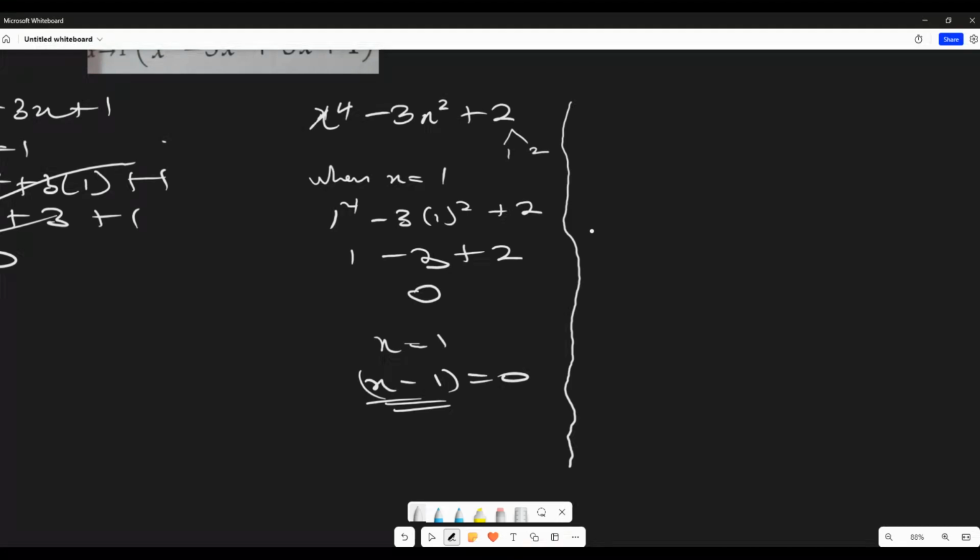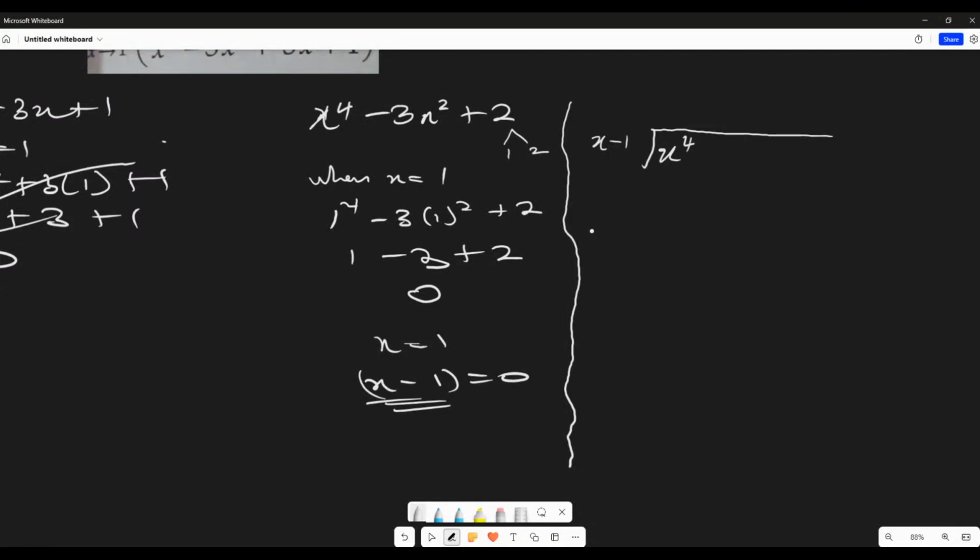So this x minus 1 can divide this expression without a remainder. So we perform the division by using the long division approach, dividing by x minus 1 so that we'll get the second factor.